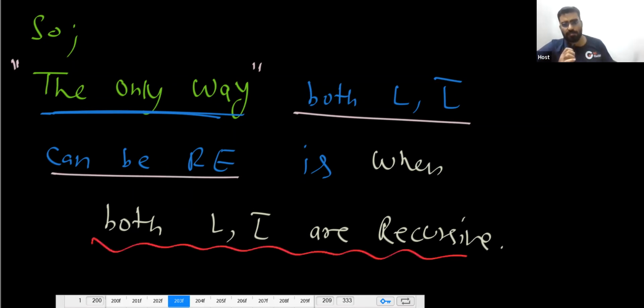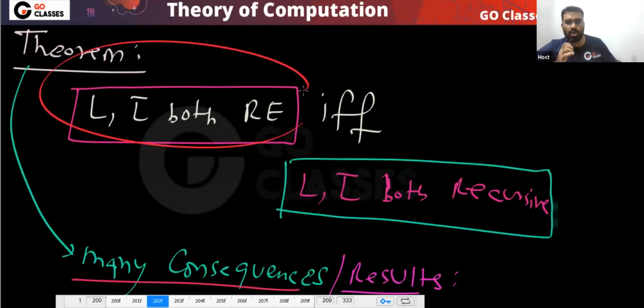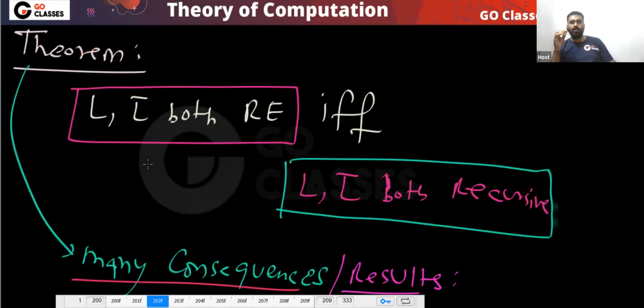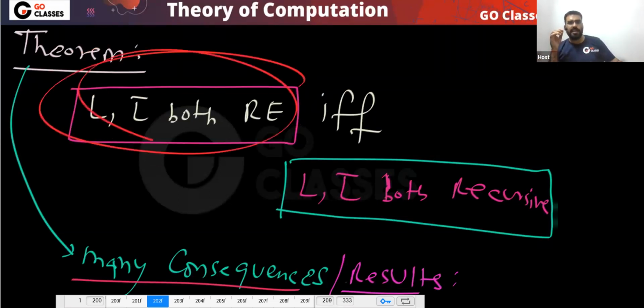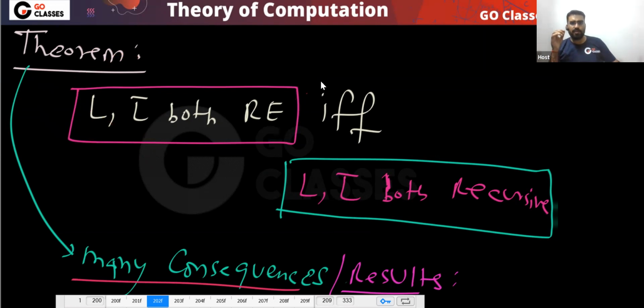Yes or no? This is the theorem we have already proven: if both are RE, then they are REC.